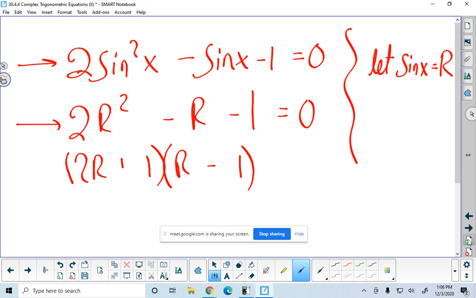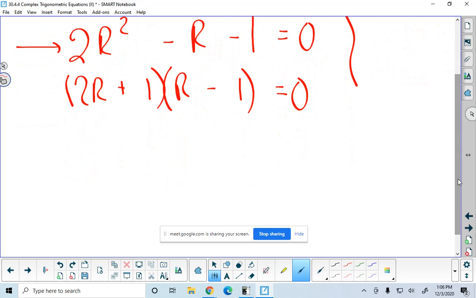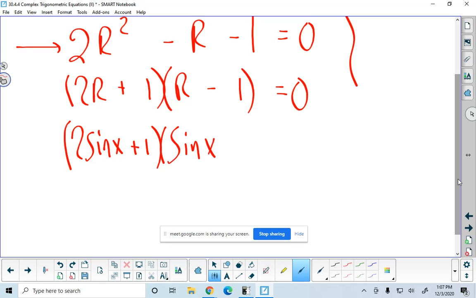Do a little bit of thinking, and you do that. And then what you do, and again, if you can factor it without doing this, you're kind of rolling your eyes maybe and saying, why do you need to do this? Because everybody thinks differently. Now what you do is you take this sine x and you put it back in for r. So you have 2 sine x plus 1 and sine x minus 1.